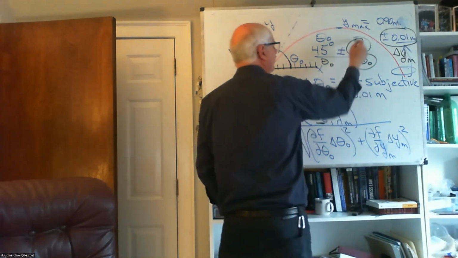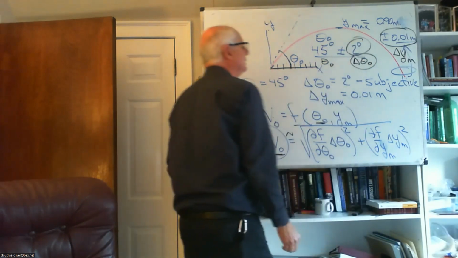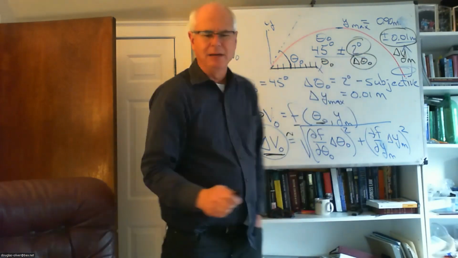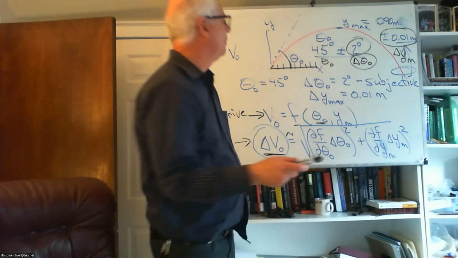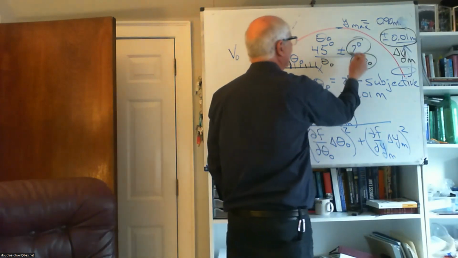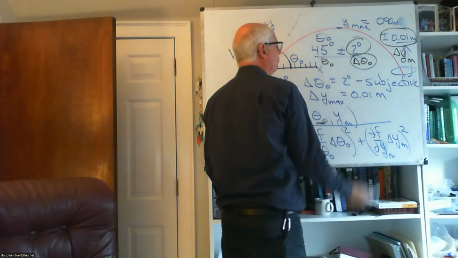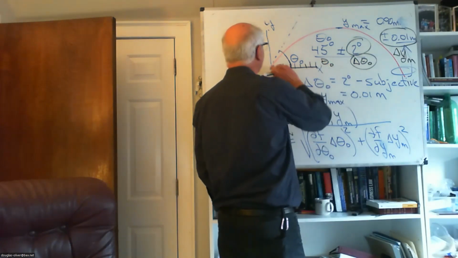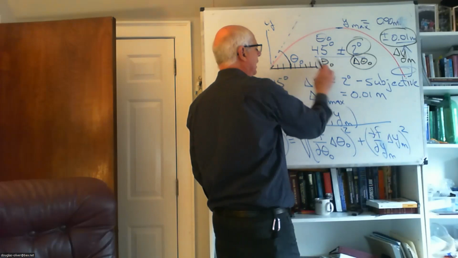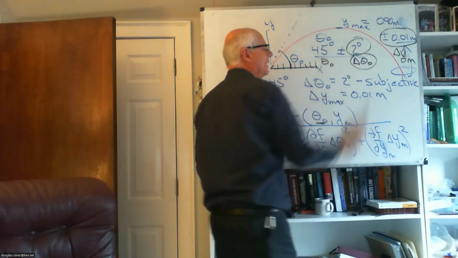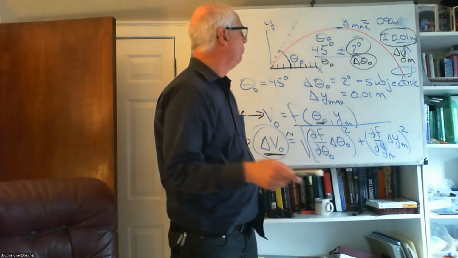So I'd say 45 degrees plus or minus 2 degrees. You determine what these are, but be reasonable what these uncertainties are. But the experimenter is in the best position to estimate reasonable uncertainties. So we'll get the initial angle and the uncertainty of that initial angle. There's no one right answer on that, but there's reasonable and unreasonable values.